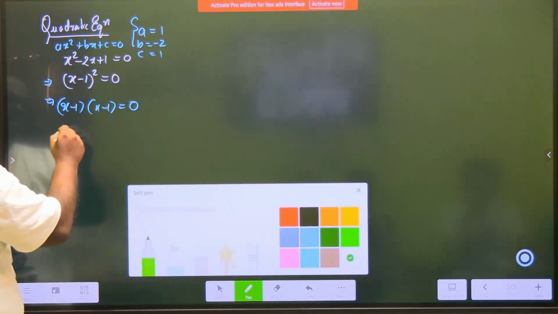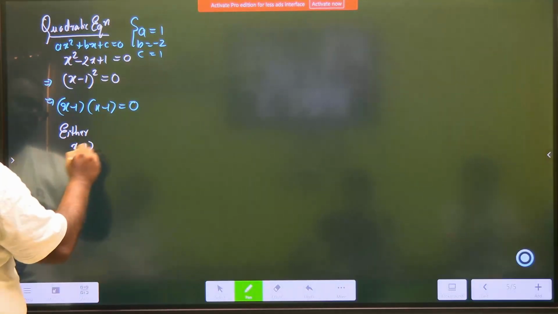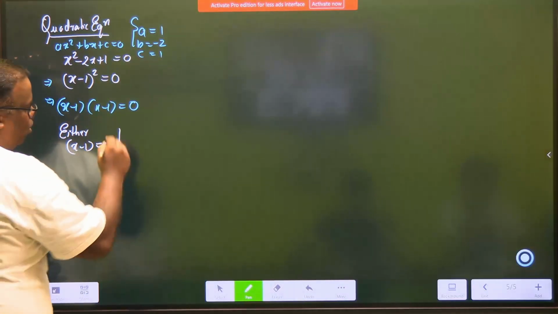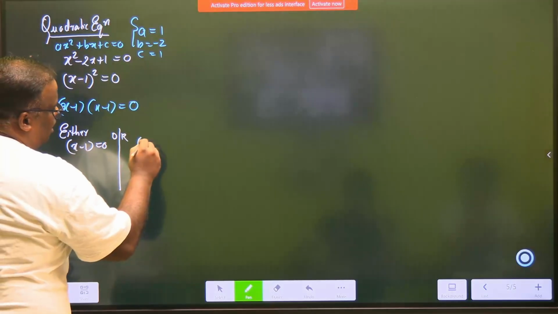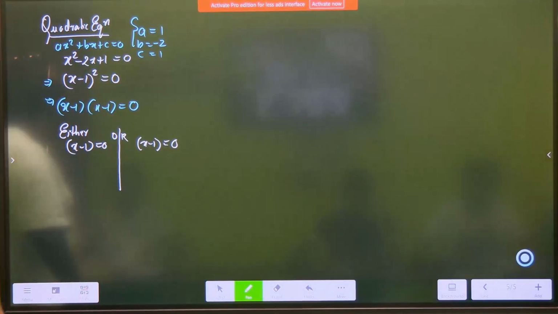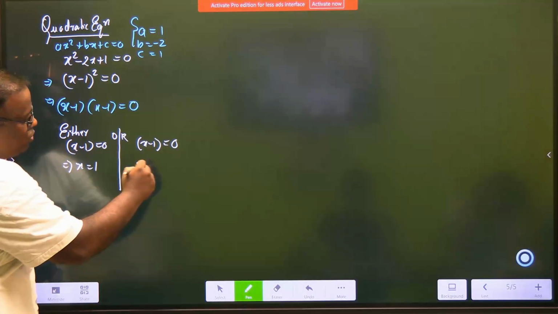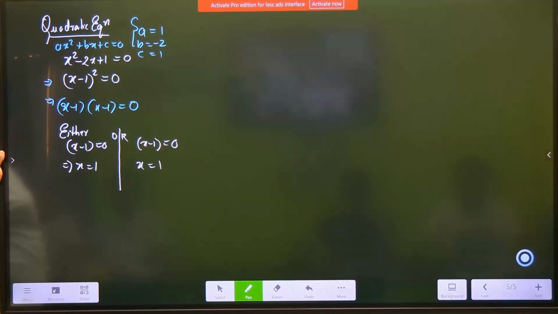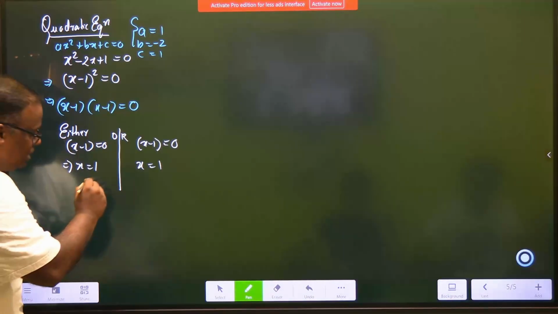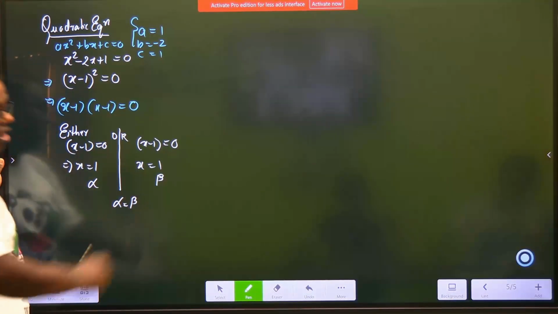This is called the factorization method. Here I will say either x minus 1 equal to 0 or x minus 1 equal to 0. They're the same, but they're two factors, right? If you solve this, what is the value of x? You are getting 1. If you solve this, what is the value of x? You are getting 1. That means if this is alpha, this is beta, you're getting a criteria where alpha is equal to beta.